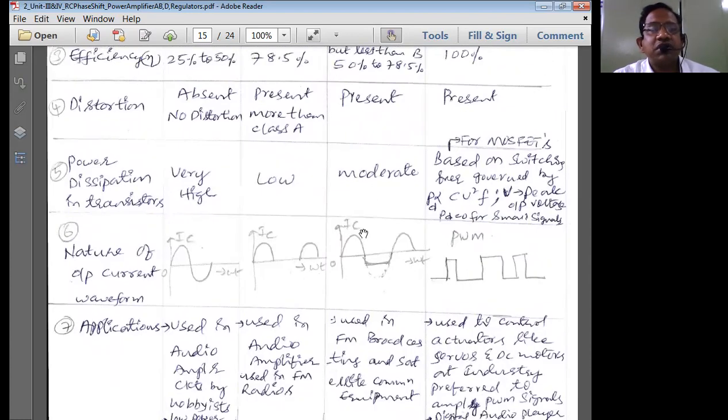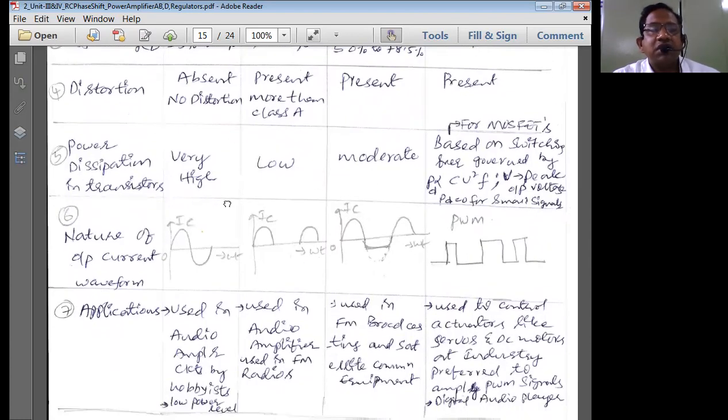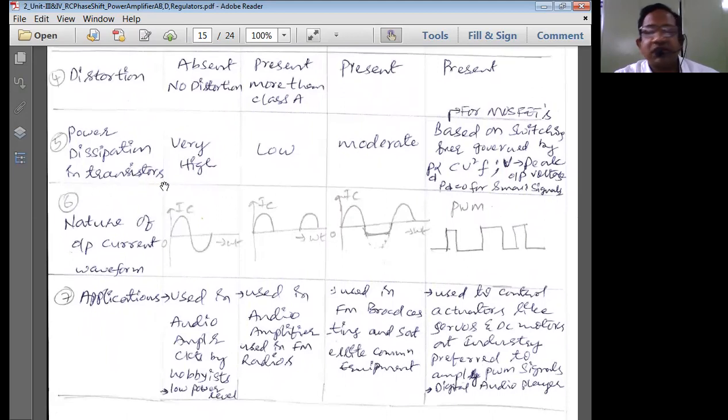As the distortion is there, next is going to be the power dissipation in the transistors. The power dissipation is going to be high in the case of class A type of the power amplifier. Now, how can we say power dissipation is high? The transistor will be operating for the entire 360 degrees of the input signal.